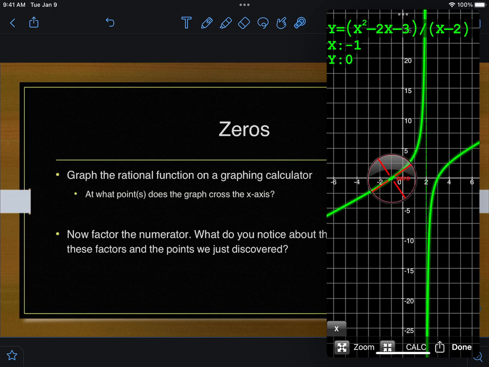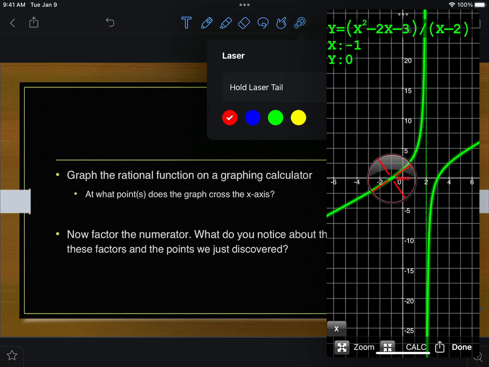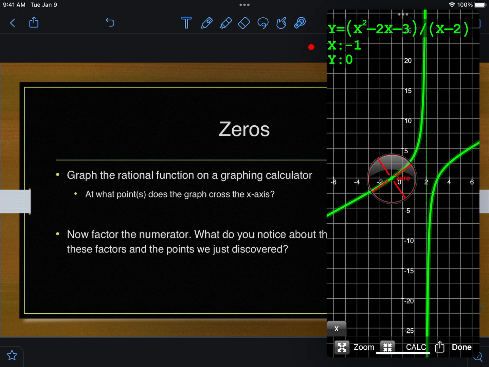One of them would be right there, and the x value is at -1. You can see that up at the top of my graph screen. And then the other zero is over here at x equals +3. So those are our two x-intercepts, our two zeros.